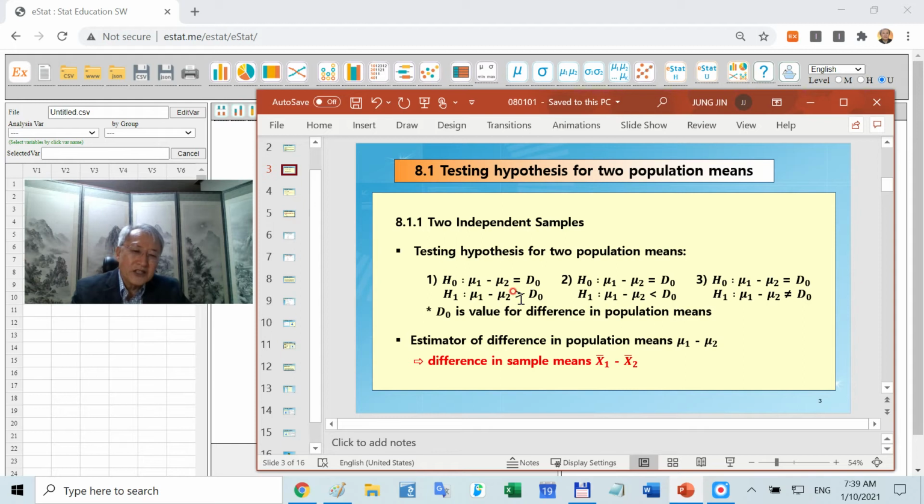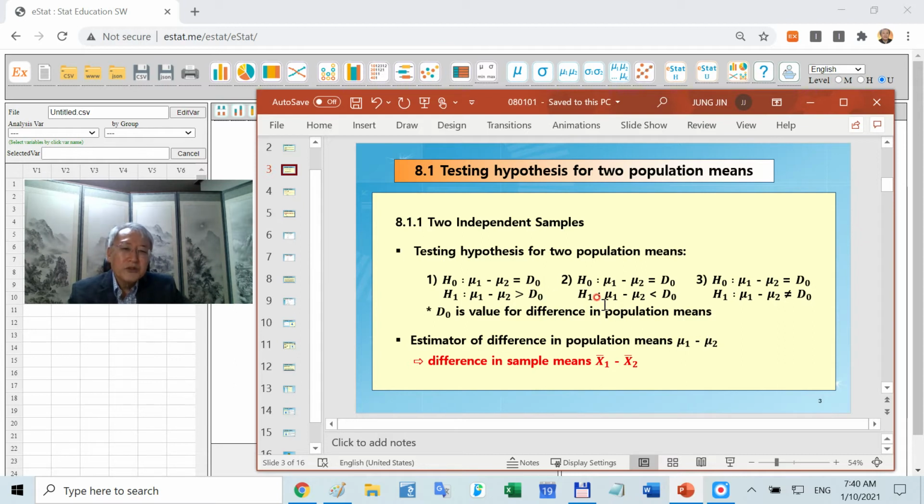There are three cases: greater than, less than, or not equal. You may say mu1 equals mu2 if d0 equals 0. It is some kind of generalization. You can just compare mu1 equal to mu2 or mu1 greater than mu2 in case of d0 equals 0.